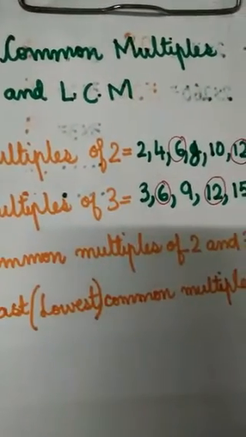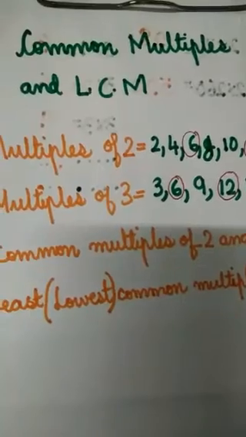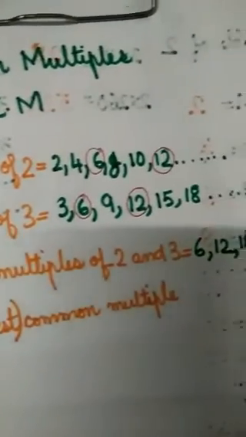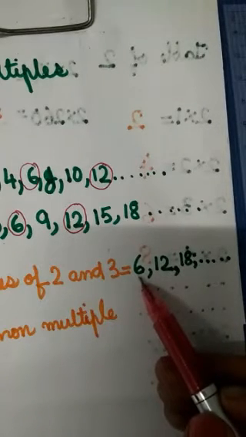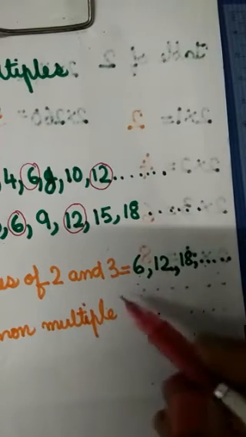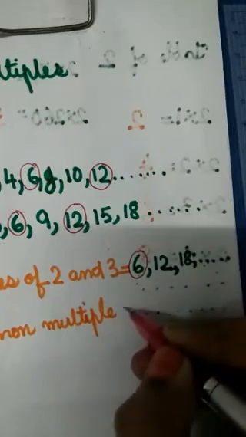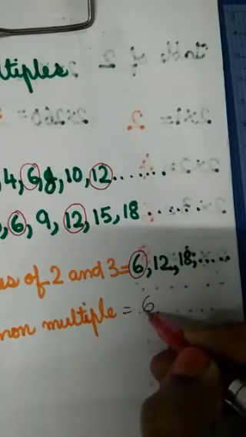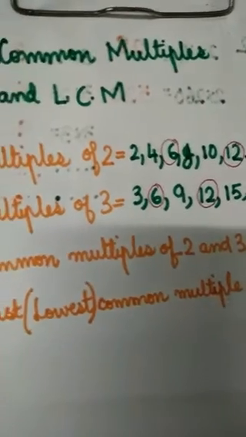You know only in English, least means सबसे छोटा, lowest means सबसे छोटा. So which one is our least number out of the common multiples? Common multiples कौन कौन से हैं? 6, 12 and 18. And what is the lowest of that? The smallest one is 6. So the LCM of 2 and 3 is 6.